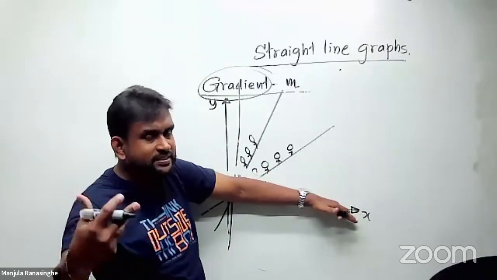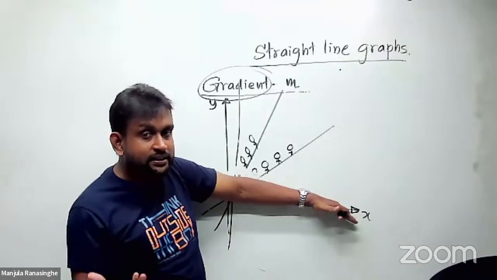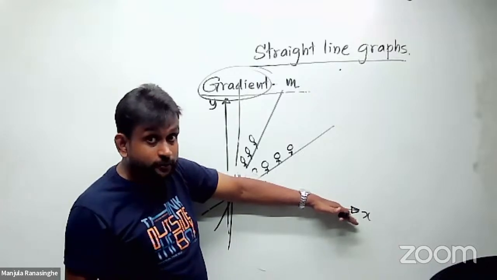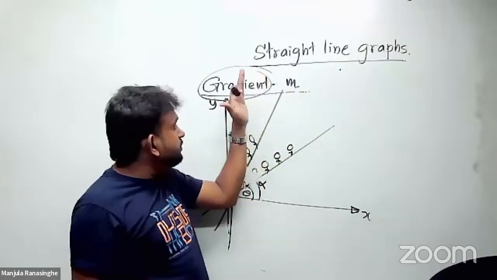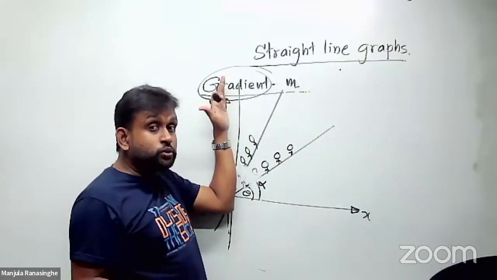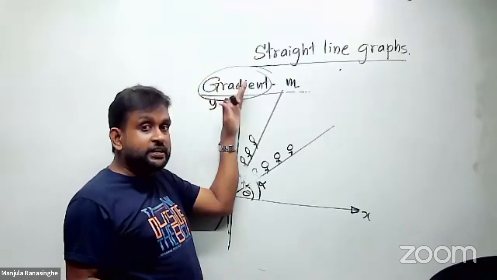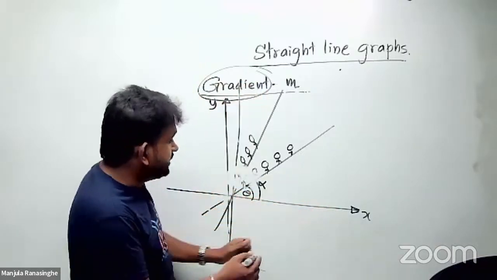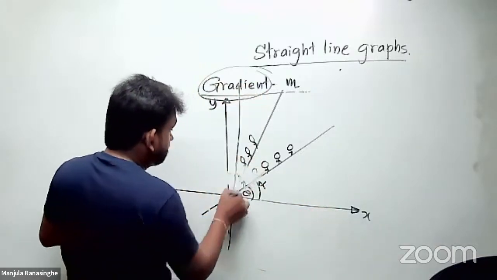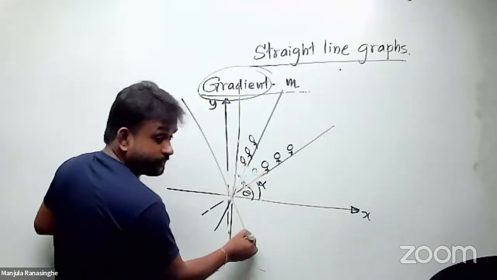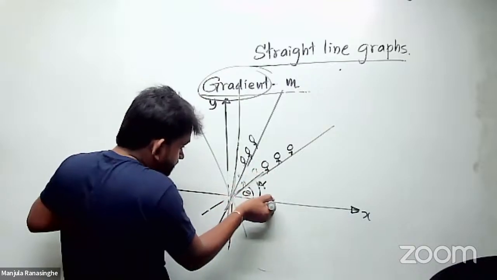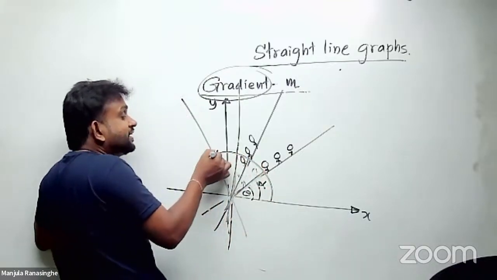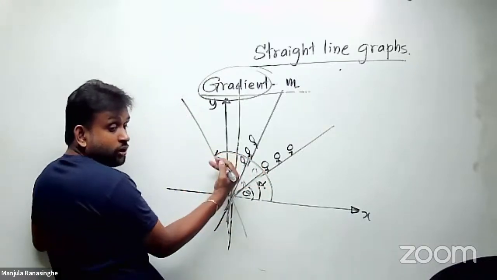So that is the basic idea, like inclination with the x-axis. If inclination is more, gradient is more. But remember, when it comes to an obtuse angle with the x-axis, as it reaches a certain point here, you can see its angle is obtuse.